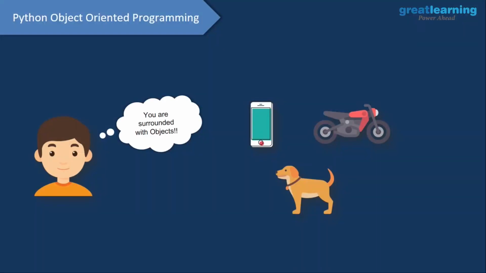Now we'll head on to one of the most important concepts in Python, which is object-oriented programming. When you look around you, you would see that you are surrounded with objects. The laptop in front of you is an object. The phone in your hand is an object. The bottle beside you is an object.